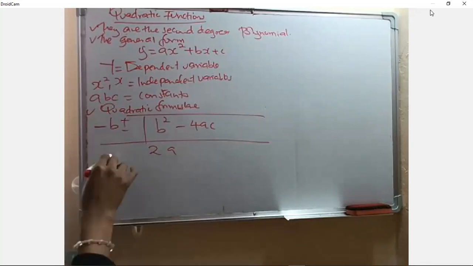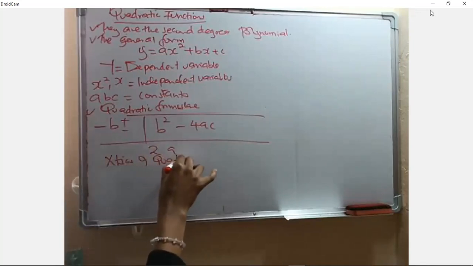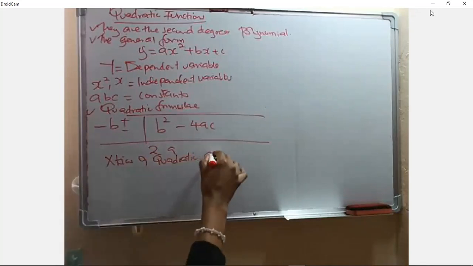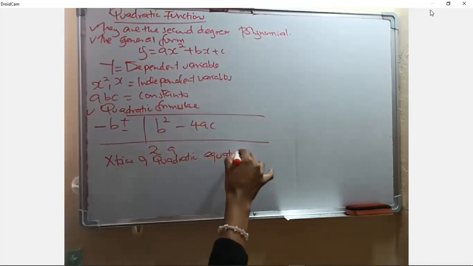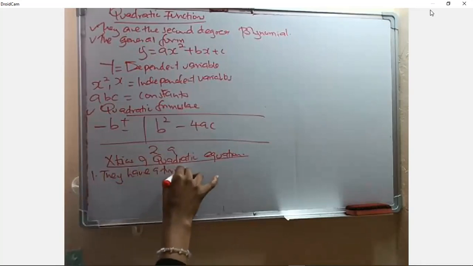So let us look at the characteristics of quadratic functions, which assist us to identify whether the question we are going to be solving is using quadratic equations. What are some of the characteristics we can look at here? Number one, they have a turning point.